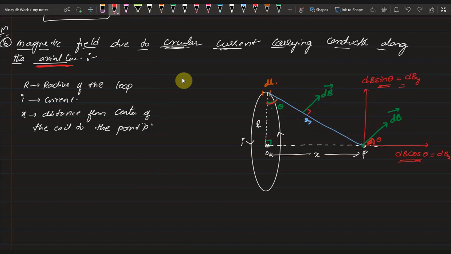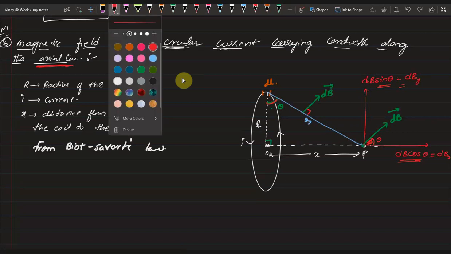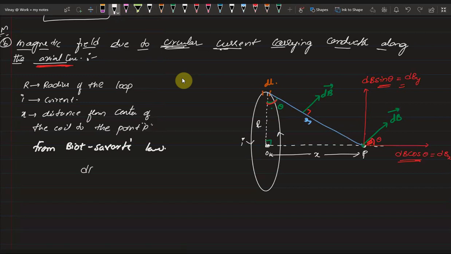Okay, now please remember, I'm going to explain from Biot-Savart's law. So I'll take Biot-Savart's law in vector form. dB bar is equal to mu naught into I dl bar cross r bar divided by r cube.